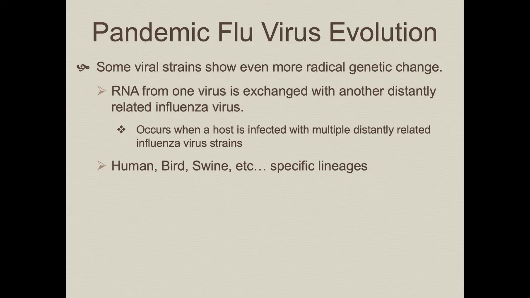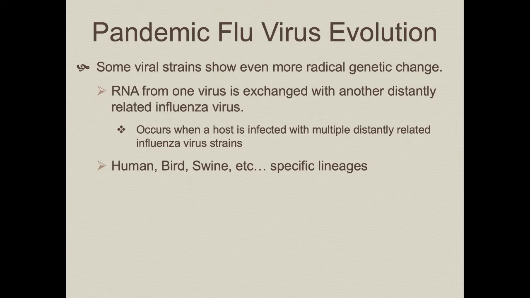This occurs when we get two radically different viral strains inside of a single individual where we get recombination of major RNA components. So for example, if we're an individual working in the swine industry and you get the flu, the human flu, but at the same time you're still working and you're working with a pig that also has a swine influenza, you could get infected by both, and if the same cells get infected with that, you can create a new virus that has viral components of each of those.